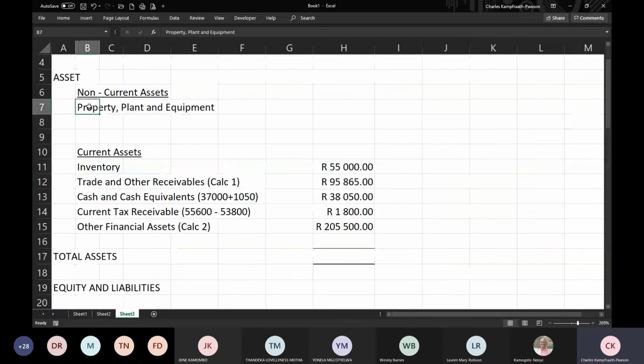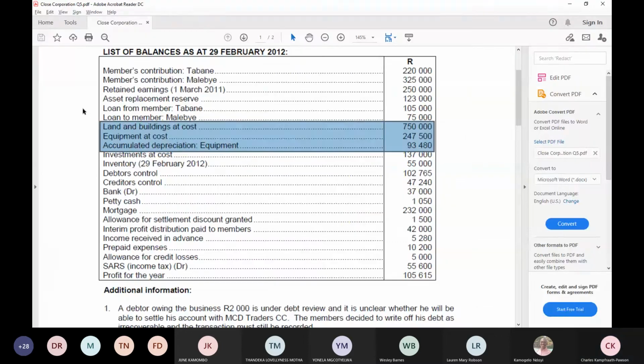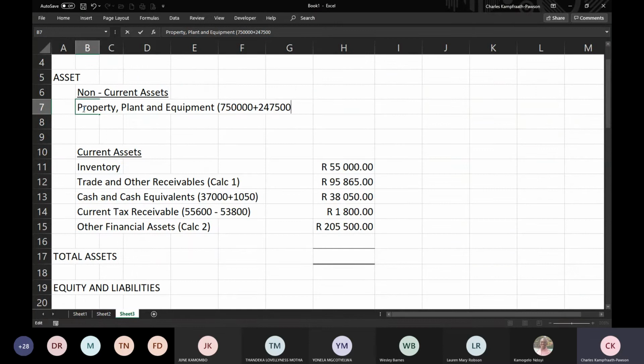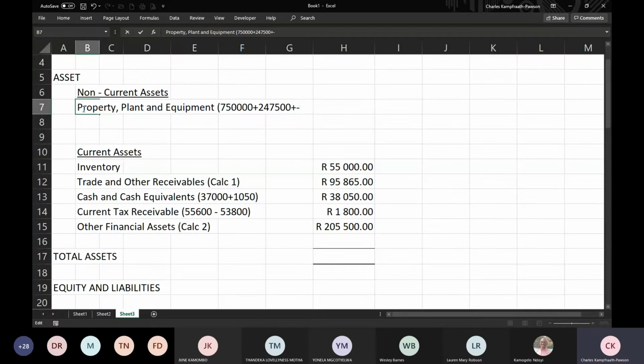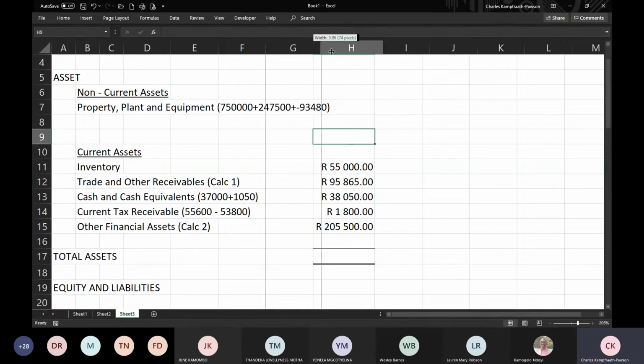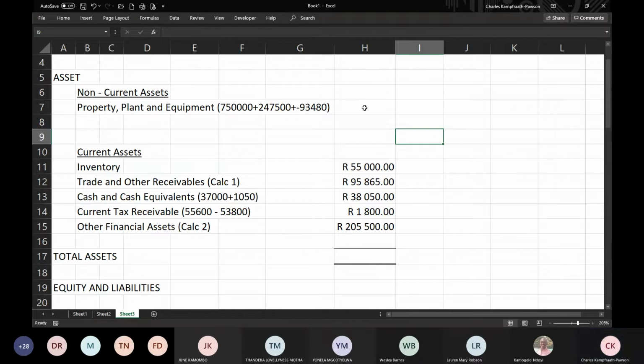So land and buildings, it will be the 750, 247,500, 90, and then minus the 93,480. Everybody happy?